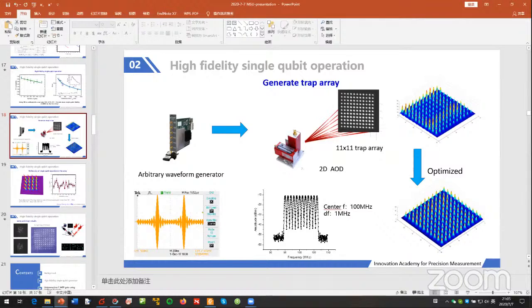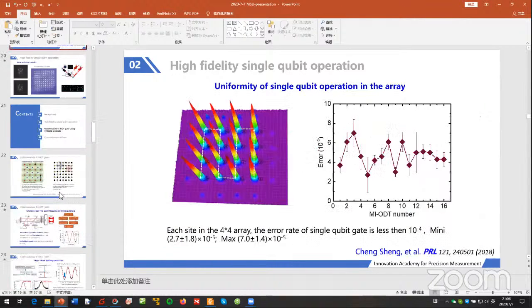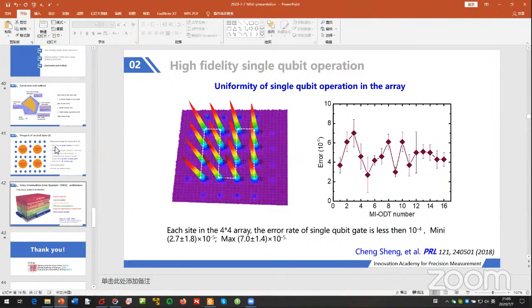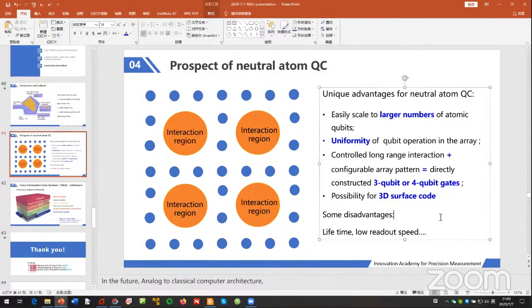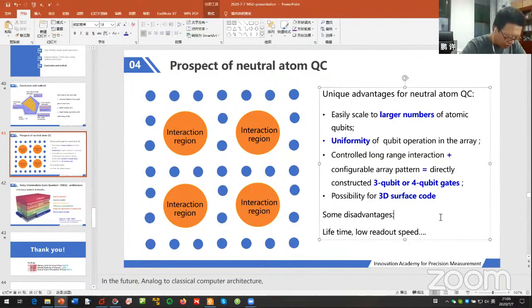At the end of your talk, you talk about 3D surface code. Can I imagine that the 3D surface code maps into a 3D trap, a 3D dipole trap? Yeah.